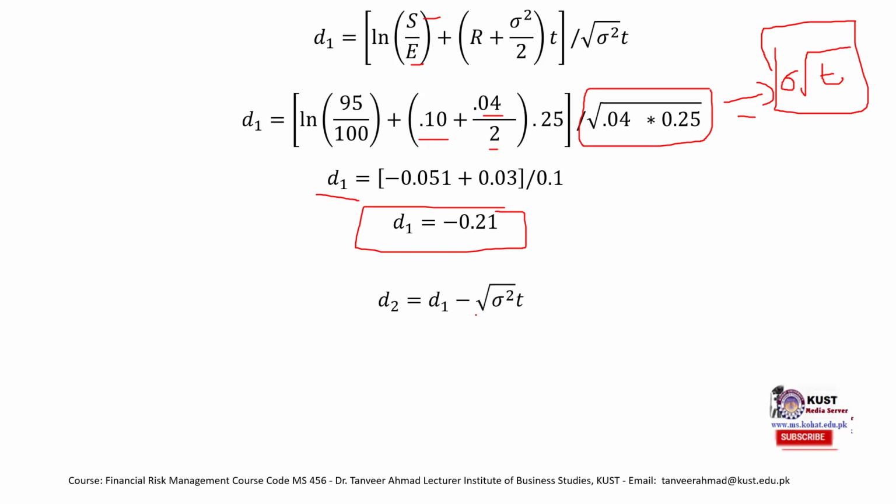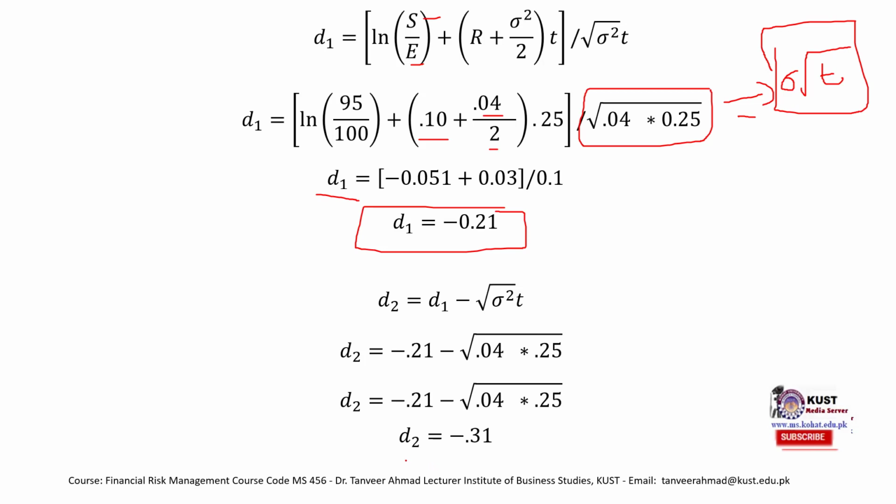D2 is equal to D1 minus under root sigma square T. So D1 was minus 0.21 minus under root 0.04 into 0.25, time period was 3 months, 3 by 12. So if we simplify this, we get the D2 value of minus 0.31.